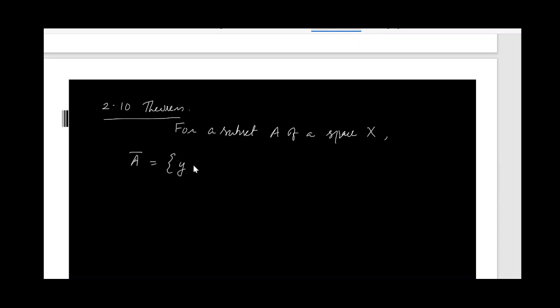Theorem 2.10. For a subset A of a space X, A closure is equal to the set of all Y belongs to X such that every neighborhood of Y meets A non-vacuously.